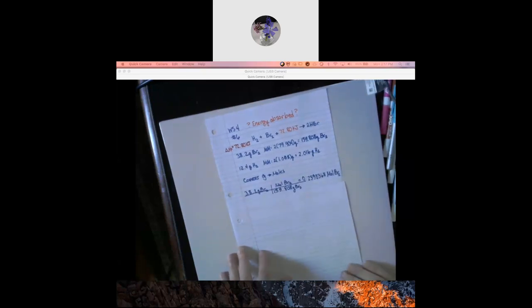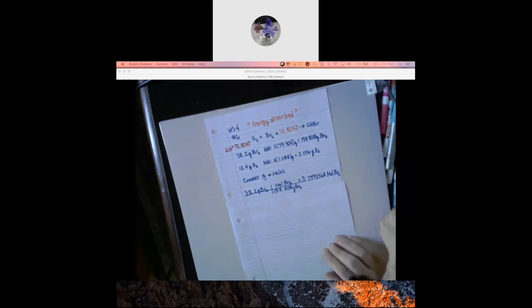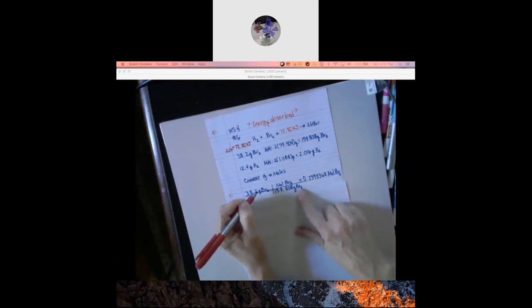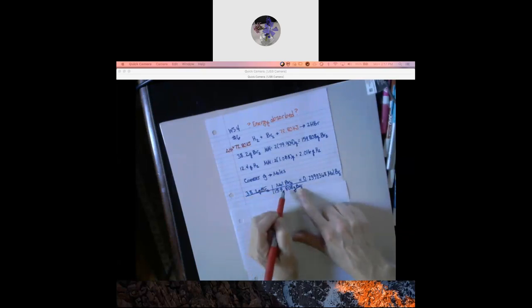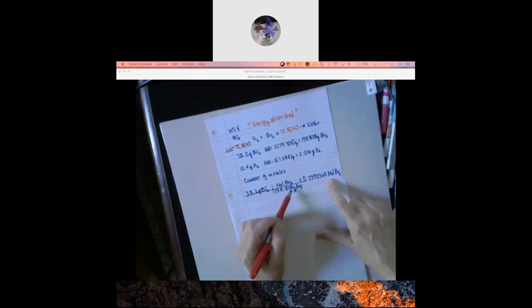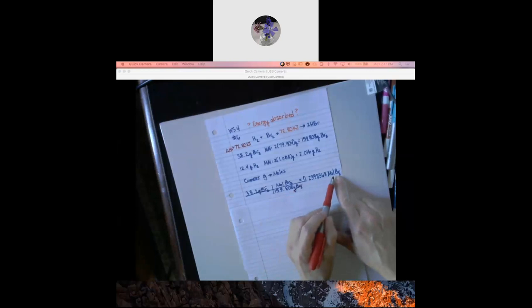I can actually cancel out my units. So I started with 38 grams of bromine. I have grams on the bottom and grams on the top. So now all I'm left with is moles of bromine. So I know that if I divide 38.2 by 159.808, that would give me moles of bromine.